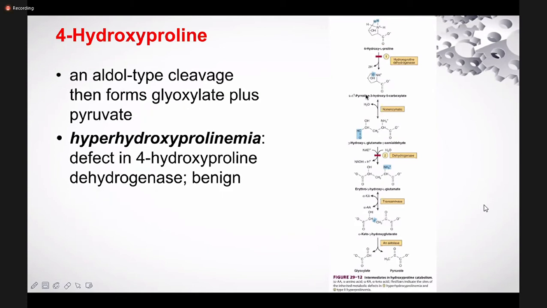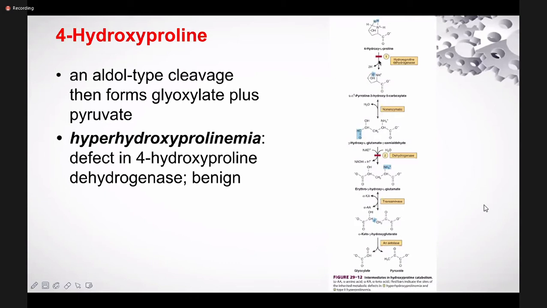From this ketohydroxyglutarate, there is an aldol-type cleavage which eventually forms glyoxylate plus pyruvate. There is a defect here called hyperprolinemia, and there is a defect in 4-hydroxyproline dehydrogenase.